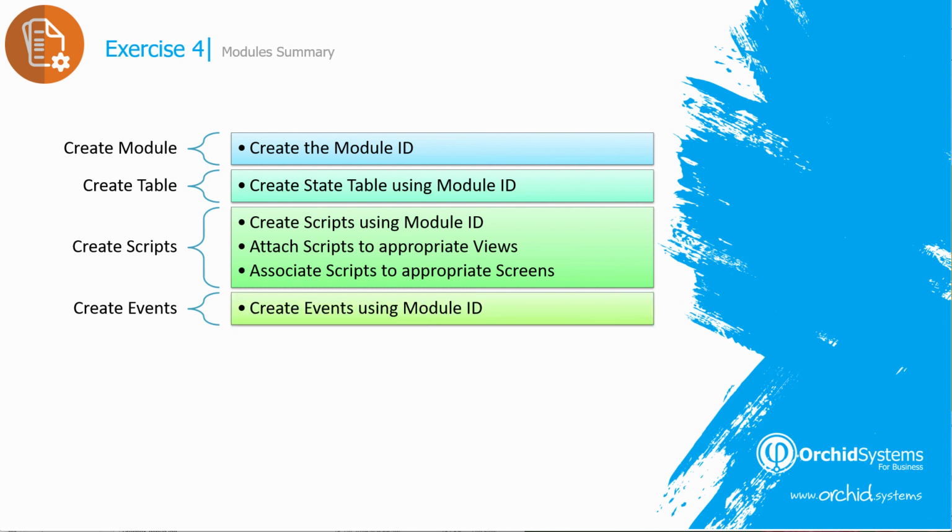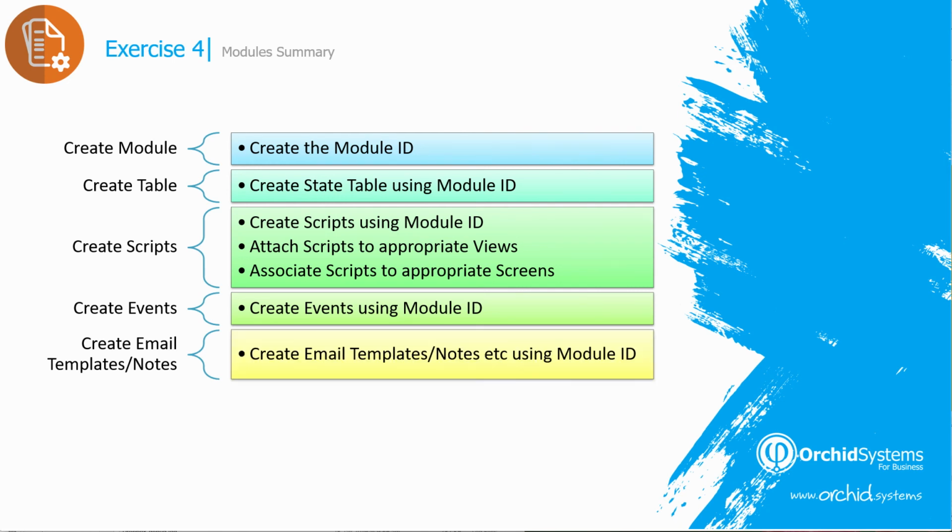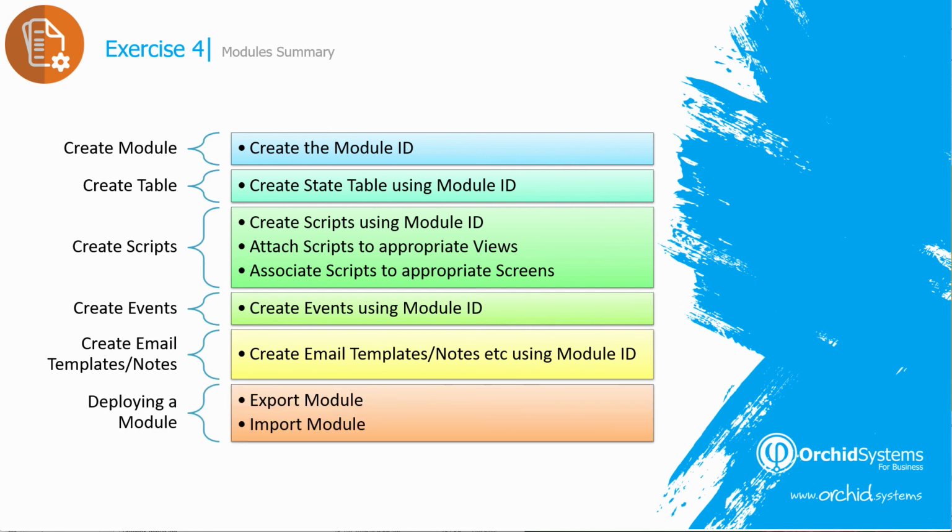When you create your events with the module ID and create email templates and note templates with the same module ID, then if you do all that, you can just export the module at a single click and import the module at a single click. So it enables deployment between test environments and production environments, but also between companies in your production environment.